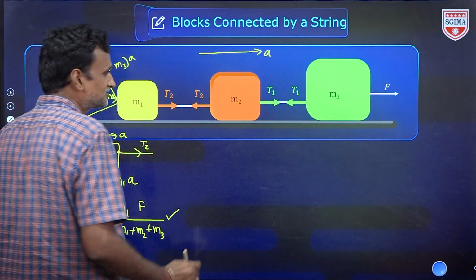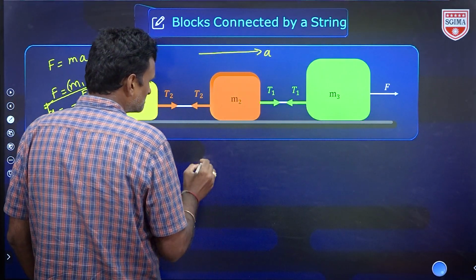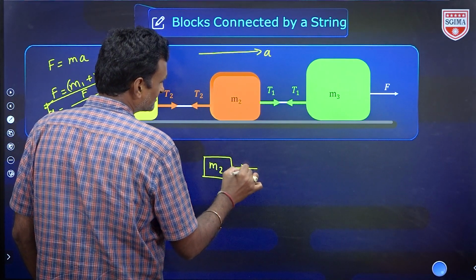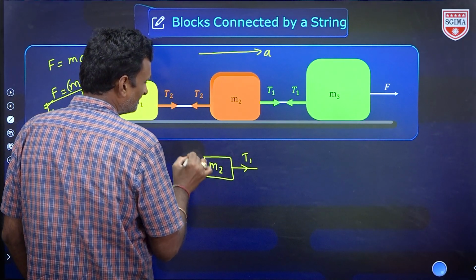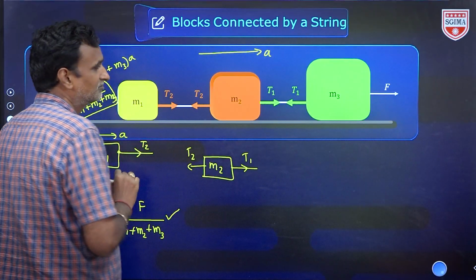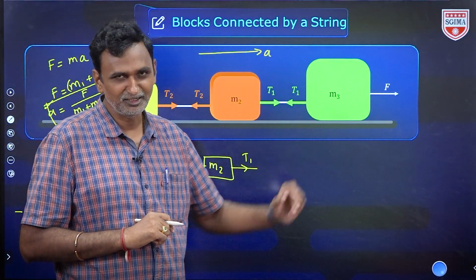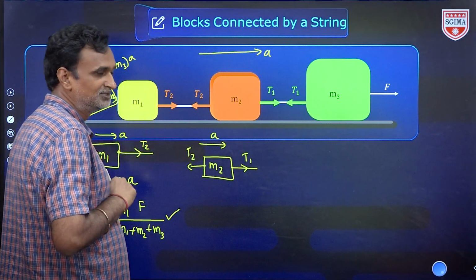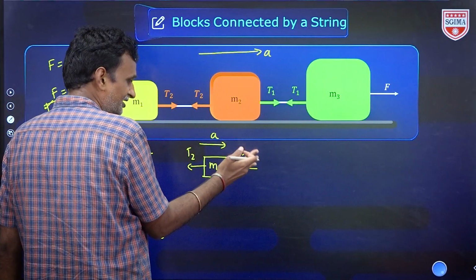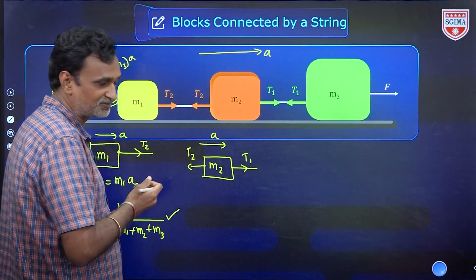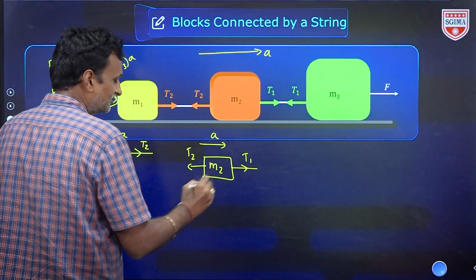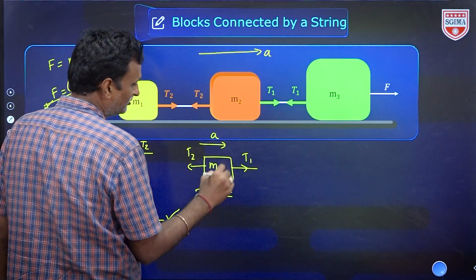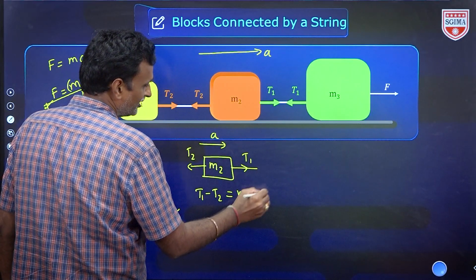Now the second case, the block m2. The right side force acting is T1 and the left side force is T2. As the total system is moving right side, m2 also moves right with acceleration a. Right side acceleration means the right side force must be greater than the left side force. So T1 minus T2, the net force, equals mass into acceleration, m2 into a.